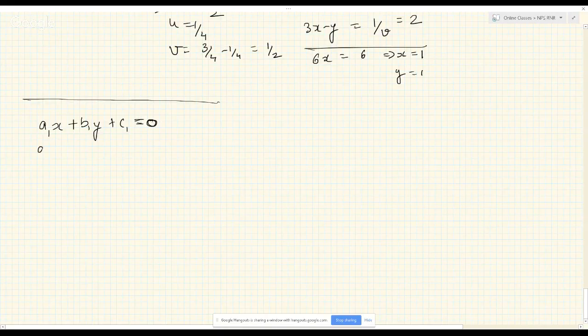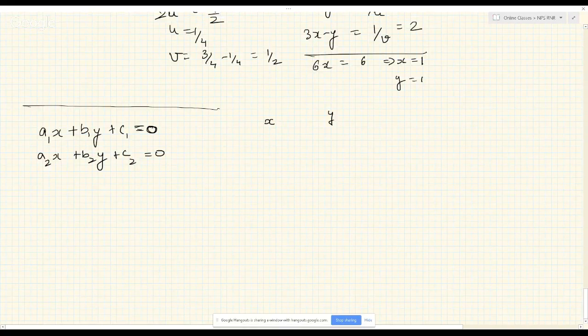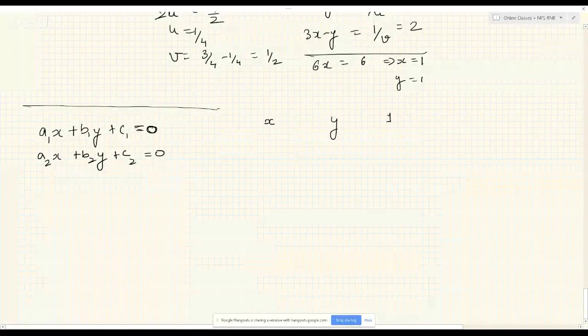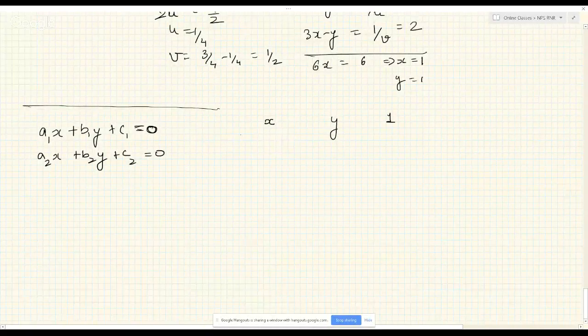Then a2x plus b2y plus c2 equals 0. Once you have written this, then simply you have to write x, y, 1, and then here you start with b1, b2, c1, c2, a1, a2, and again b1, b2.